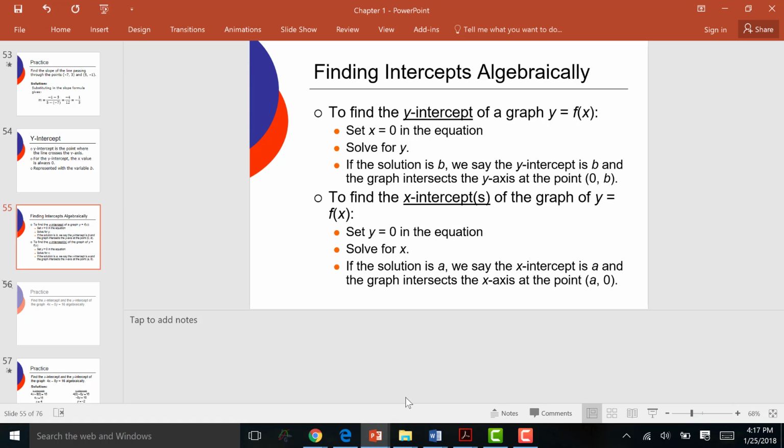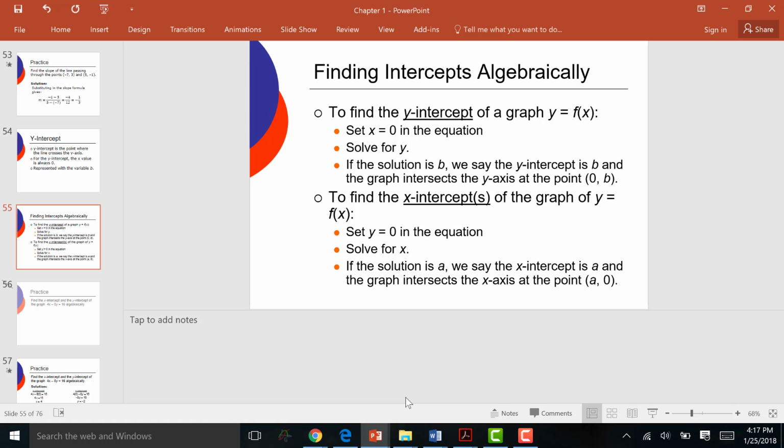I'm going to plug in a 0 for what? y. Plug in a 0 for y. And then what should I do based upon the notes? Solve for x. When it says solve for x, that means get x by itself. Make sure you get the x by itself. When you say solve for whatever letter, it means get that letter by itself.